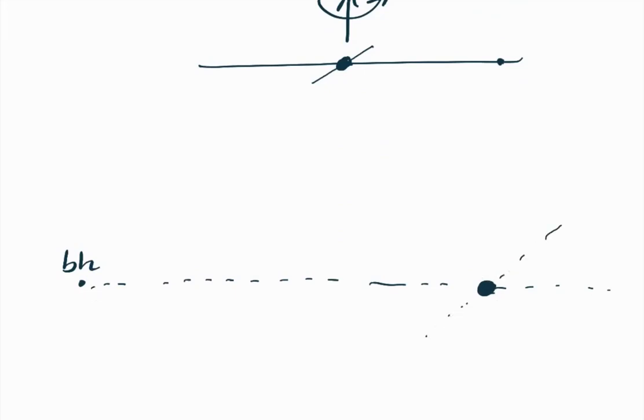When this black hole gets closer and closer to the supermassive black hole, it is going to have to follow the plane of the orbit, which means that instead of following this orbit over here, it's going to go in this direction with some inclination. So the plane of the orbit is going to change.